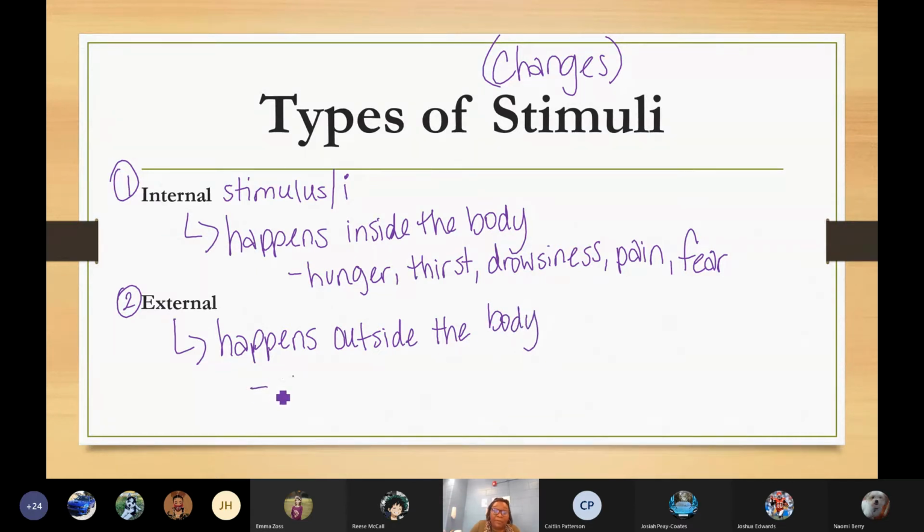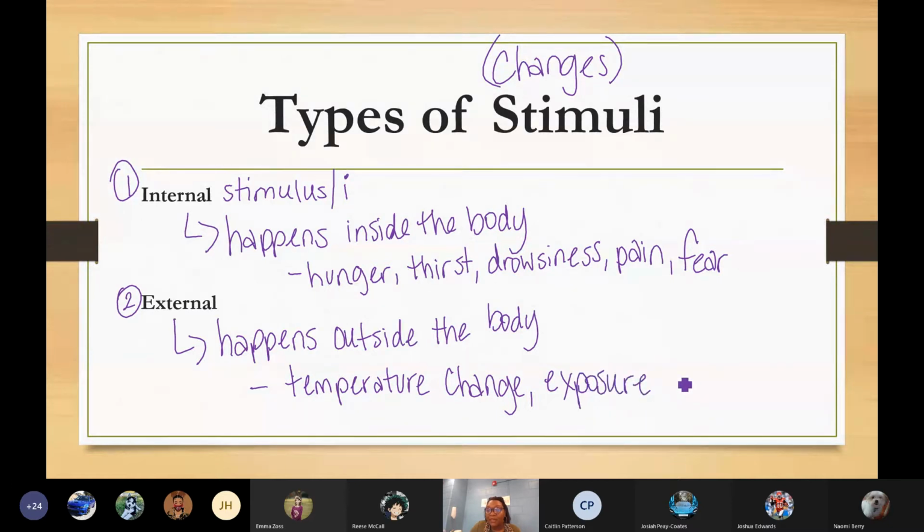And some examples of an external stimulus would be temperature change, whether it gets really cold or really hot. Light or dark, the amount of light or dark. That word is exposure to light, especially for plants.